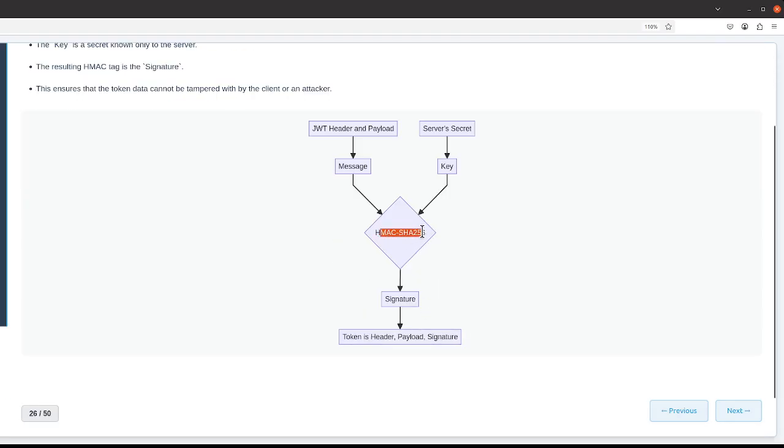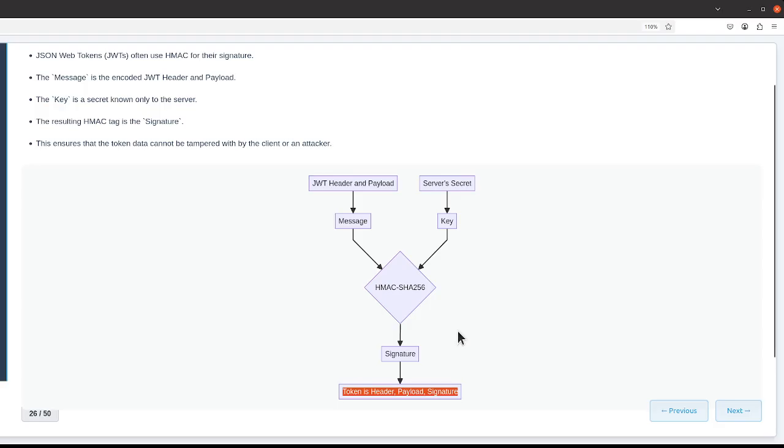It uses a secret key that is known only to the server. The resulting HMAC tag is then attached as the signature part of the token. When the server receives a JWT from a client, it recalculates the HMAC and verifies that it matches the signature. If it does, the server knows the token is authentic and its contents can be trusted.